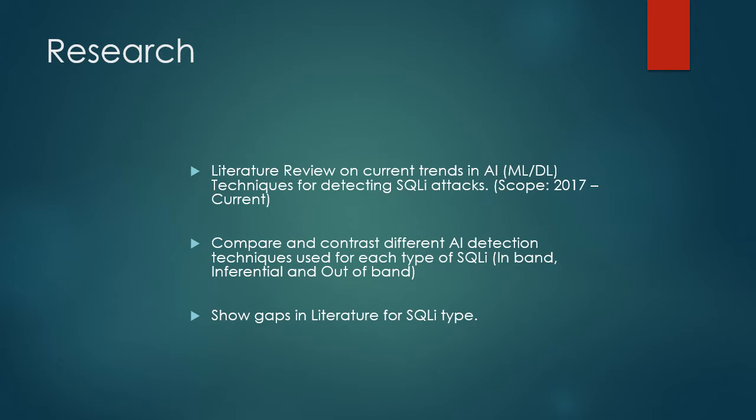The second thing that I would like to do is actually compare and contrast different AI detection techniques used for each type of SQL injection, meaning if I find a paper that uses a particular machine learning algorithm for the in-band type of SQL injection attack, and another paper that uses a different machine learning technique for in-band type of SQL injection, I would like to compare and contrast their techniques and see why they used the algorithm, and what type of results they got.